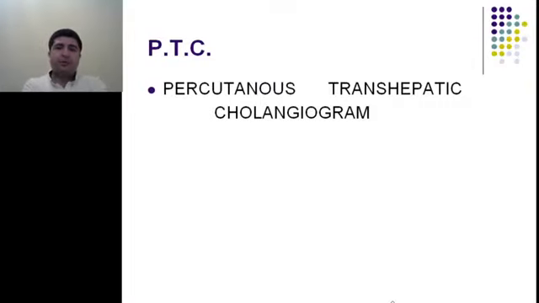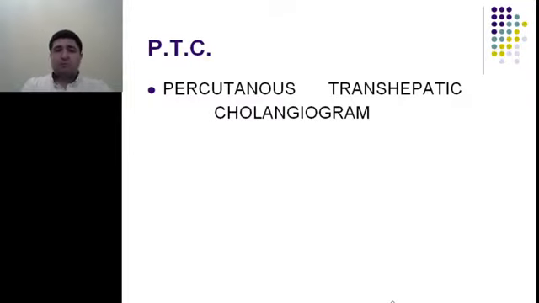What is PTC? Percutaneous transhepatic cholangiogram. Sometimes when we don't have a possibility to do ERCP, or for example MRCP, we can do percutaneous transhepatic cholangiogram. How can we do it? We can do it by ultrasound control, ultrasound guidance. We find some bile duct of the liver and, by ultrasound control, do a transhepatic puncture, transcutaneously.